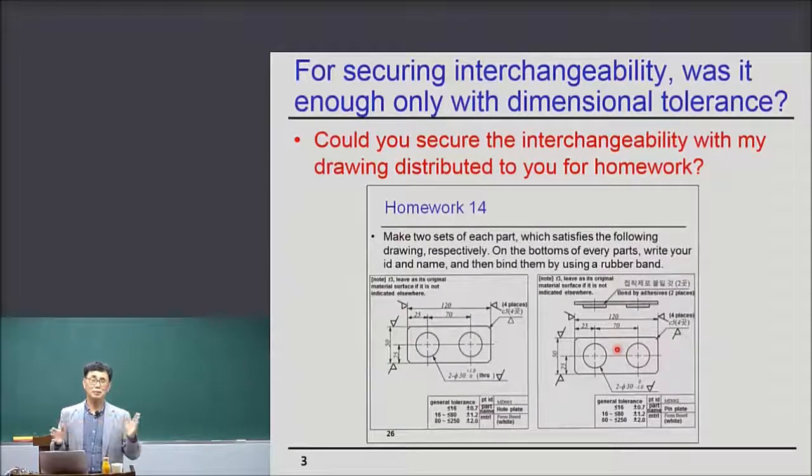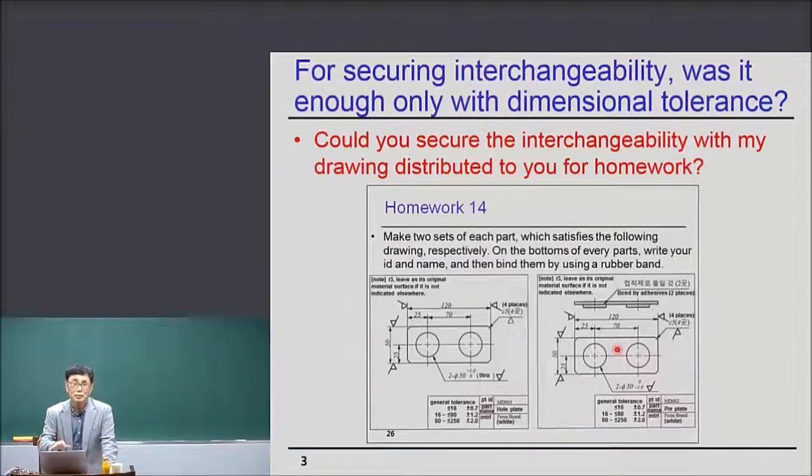Why? At the center distance 70, the general tolerance was assigned in my drawing. So the general tolerance, which is given to the center distances, is the problem for the interchangeability.